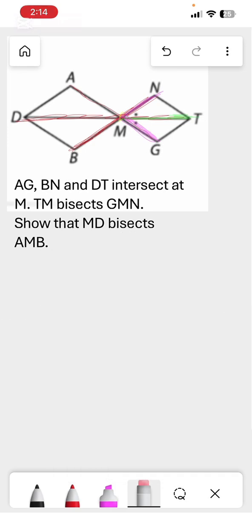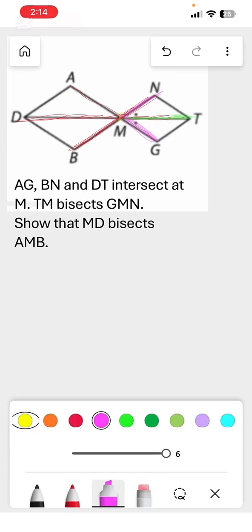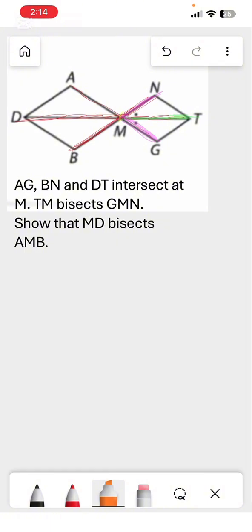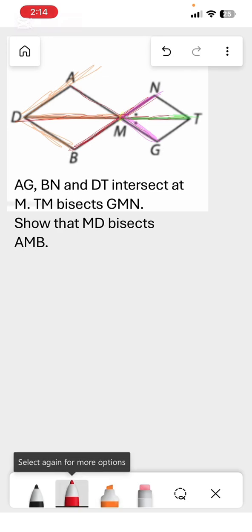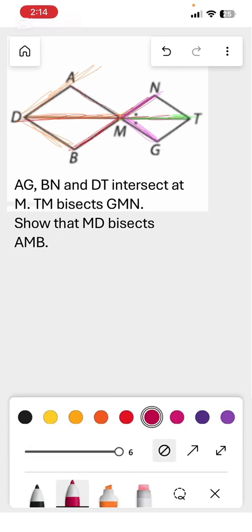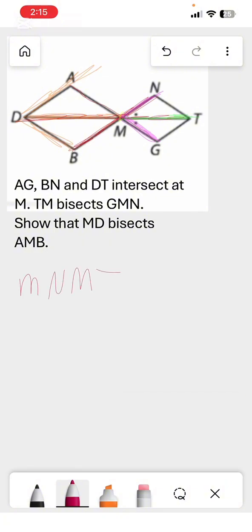Now, what do we have? It says, can you prove MD bisects AMB? Can you prove MD will cut AMB equally? Here, what is given, I am going to use to prove it. The measurement of NMT is equal to the measurement of BMD.